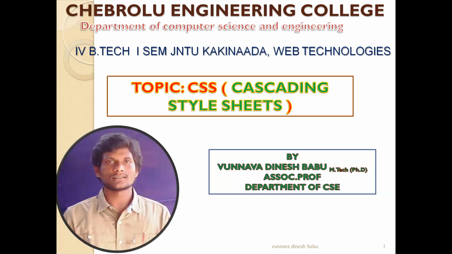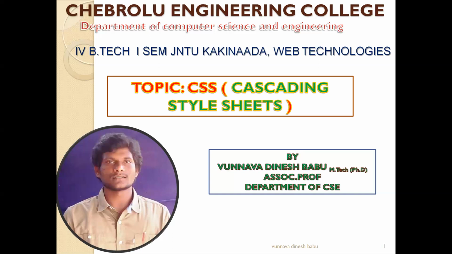So we saw the theory part first, and then I explained the theory part again while working with the programs. As we saw earlier, there are three types of CSS: inline CSS, internal CSS, and external CSS.